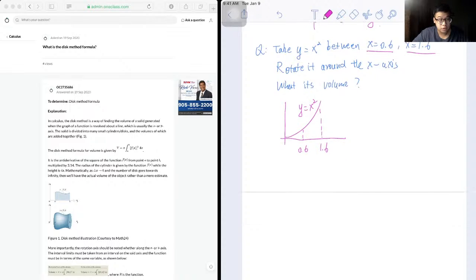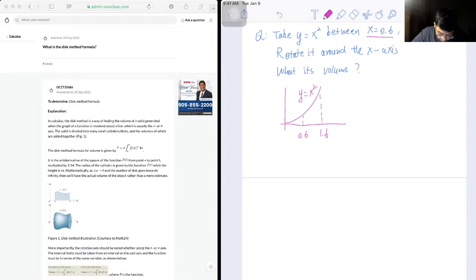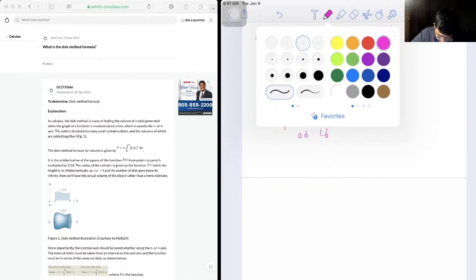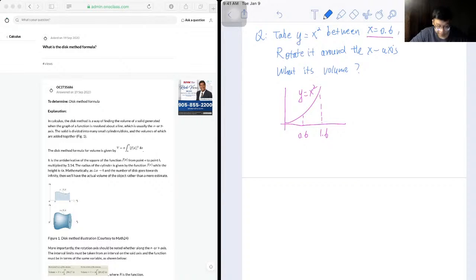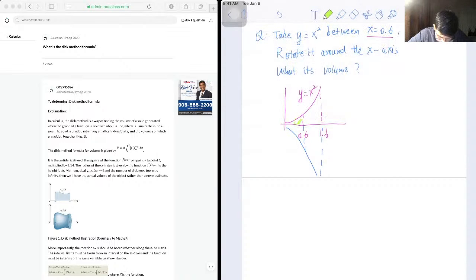And we want to rotate it around the x-axis. Let's use another color. So after rotating around the x-axis, it will become a graph like this. So the yellow area will be the volume.